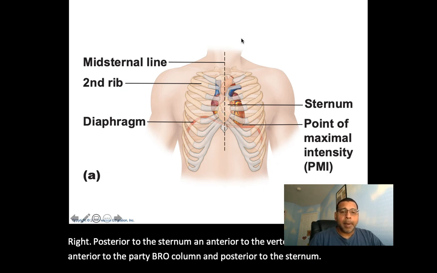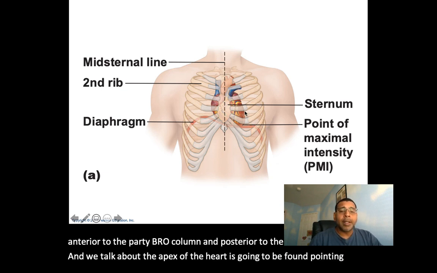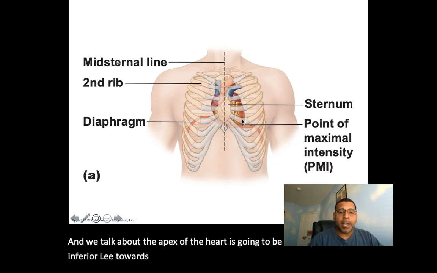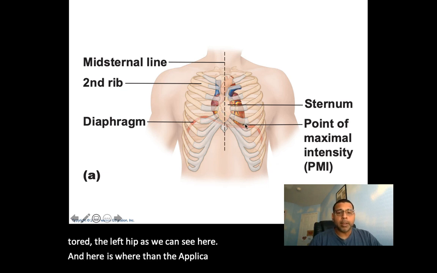The apex of the heart points inferiorly towards the left hip, as we can see here. And here is where the apical impulse is felt, also known as the point of maximal intensity.